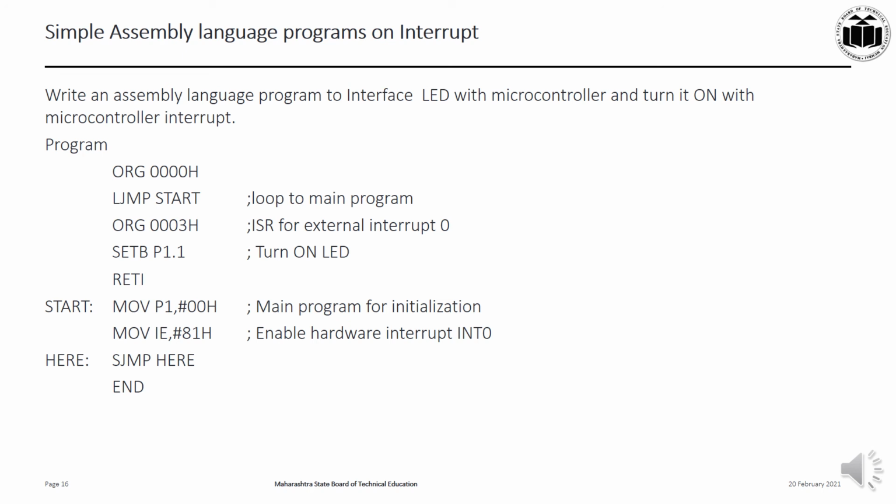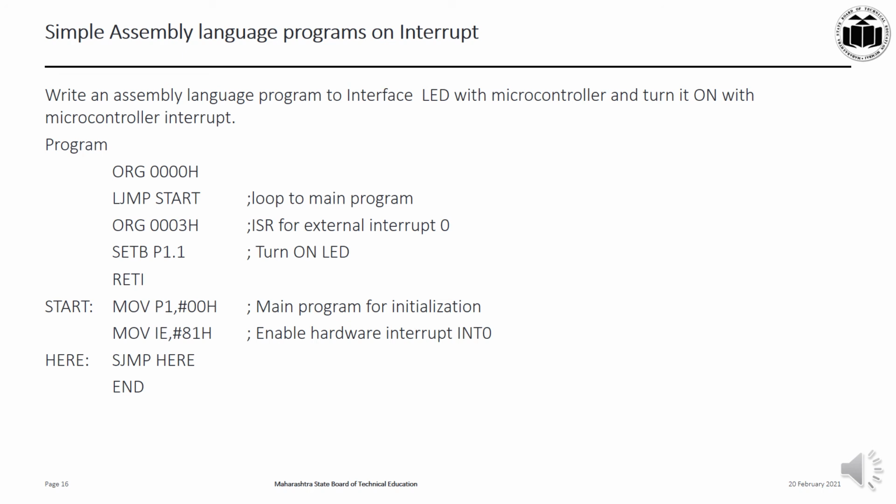Then ORG 0003H will indicate the ISR for external interrupt 0. In this ISR we will first set bit P1.1 so that the LED connected at port pin 1.1 will be turned on. Then at last we will return from this interrupt to the main program by using the instruction RETI.